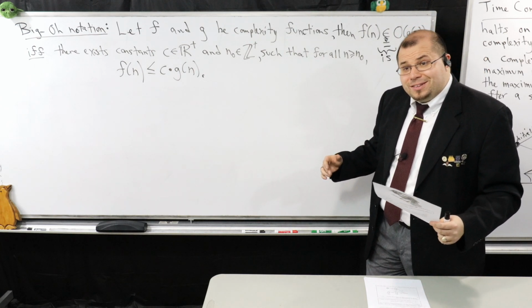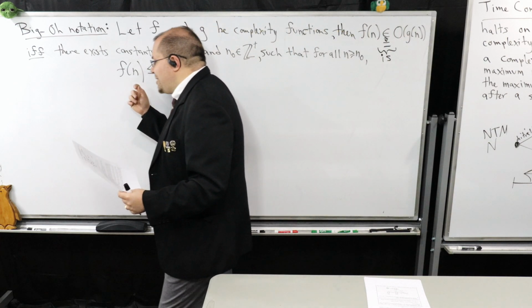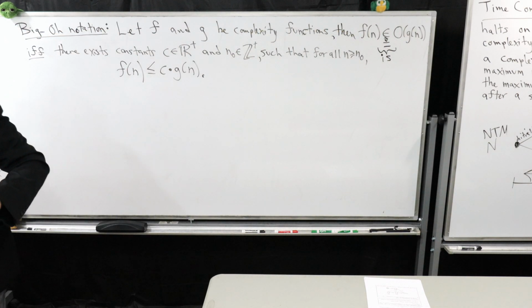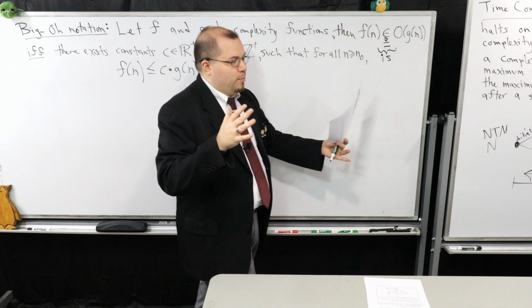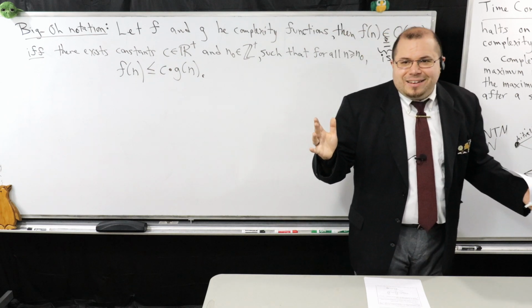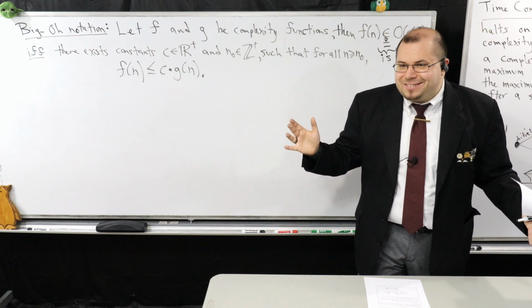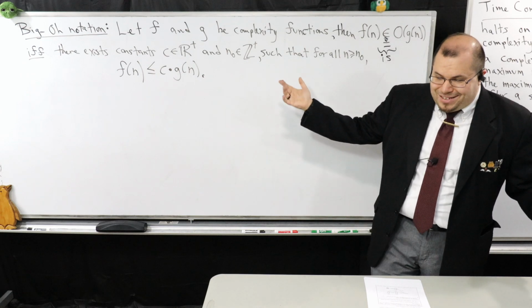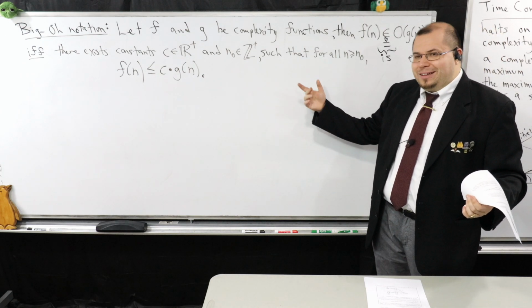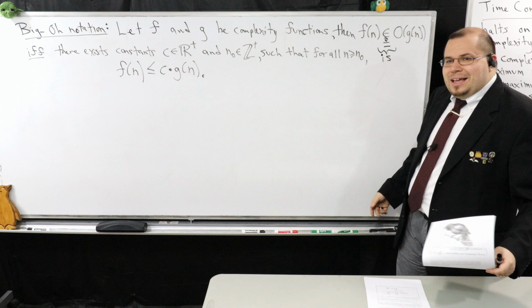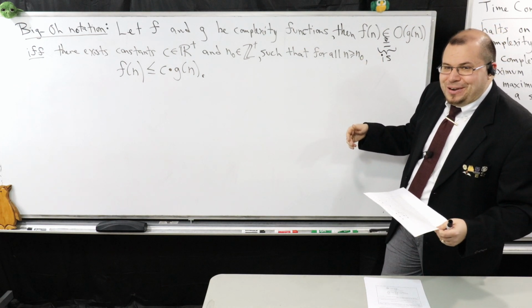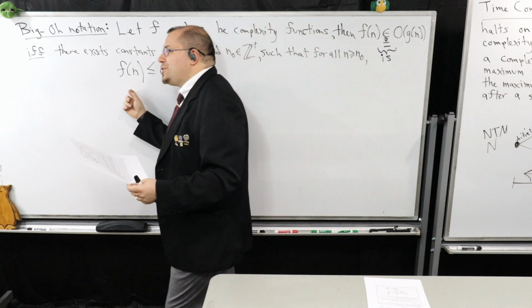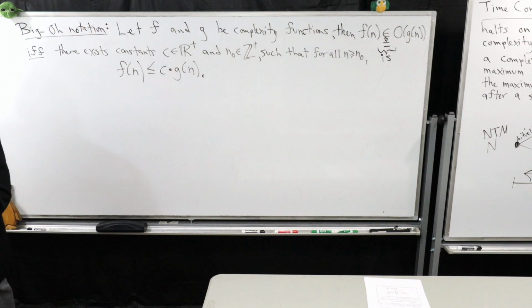I'm not going to talk about that theorem here, but it's very similar to the idea that you can give a machine more power and effectively speed up those operations, or in our case, the execution of the algorithm, or in our case, halting the Turing machine. If I had another month, I would easily show this for you. I'm just trying to remember the name of the theorem off the top of my head.